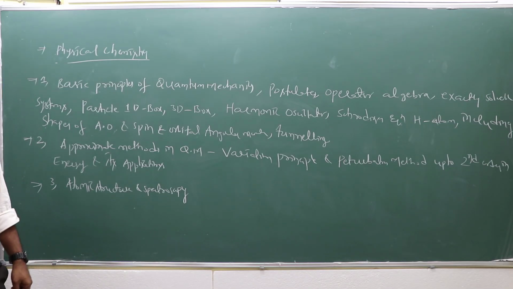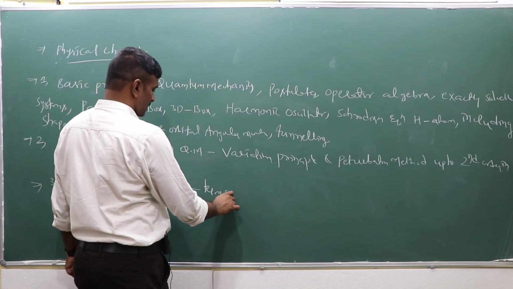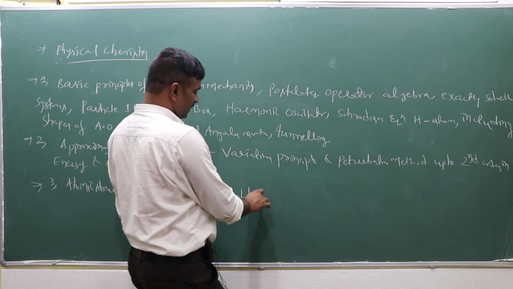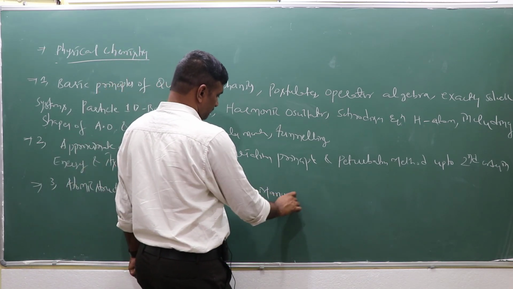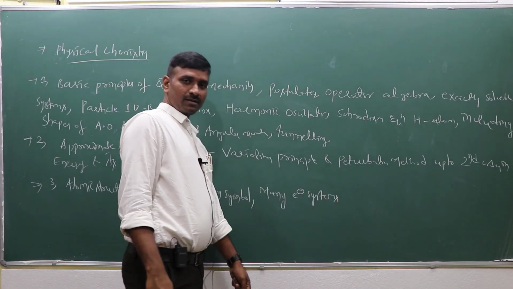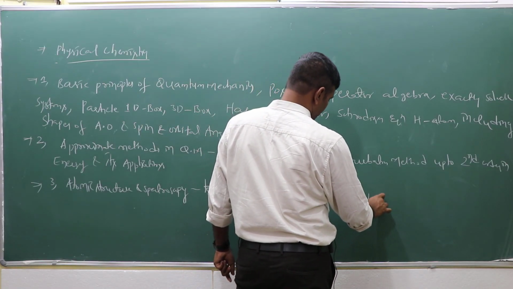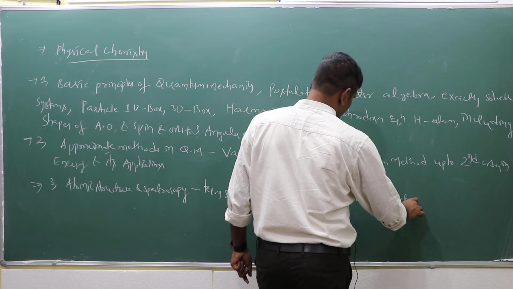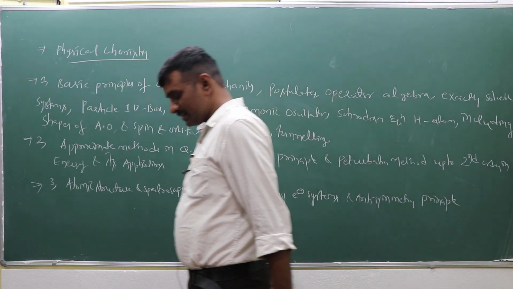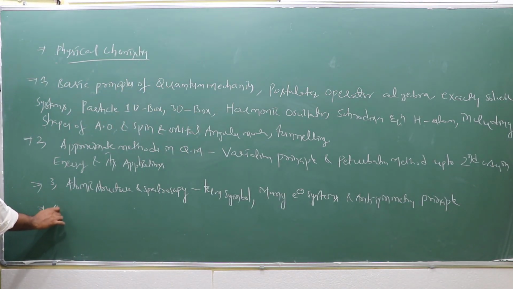In this area, term symbol, many electron systems, and the antisymmetry principle are mentioned. This is the third unit in the CSIR physical chemistry syllabus.